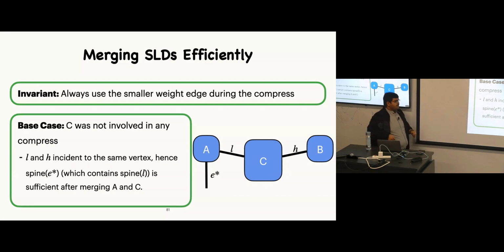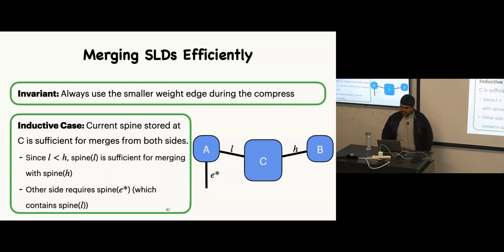But since L and H are incident to the same vertex, the spine of E star over here, so E star is the smallest weight edge incident to A, would include L at some point in its node to root path. I guess that's an intuition. So we do have access to spine of L, and we also do have access to the min weight edge incident to the left, right? And the inductive case proceeds as follows.